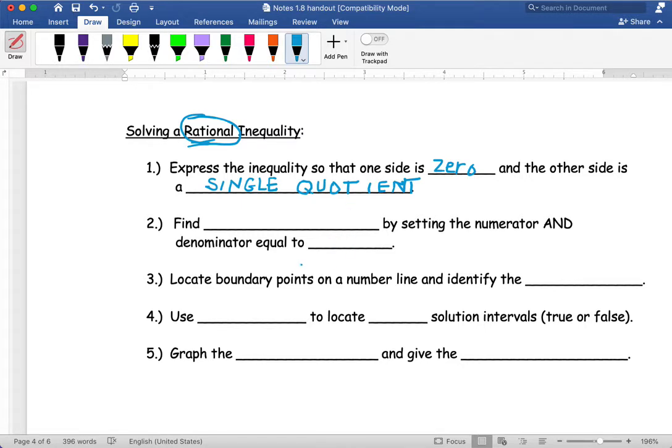But for right now, I think the first one's pretty easy. You're going to find your boundary points because we still need those, by setting the numerator and the denominator equal to 0.